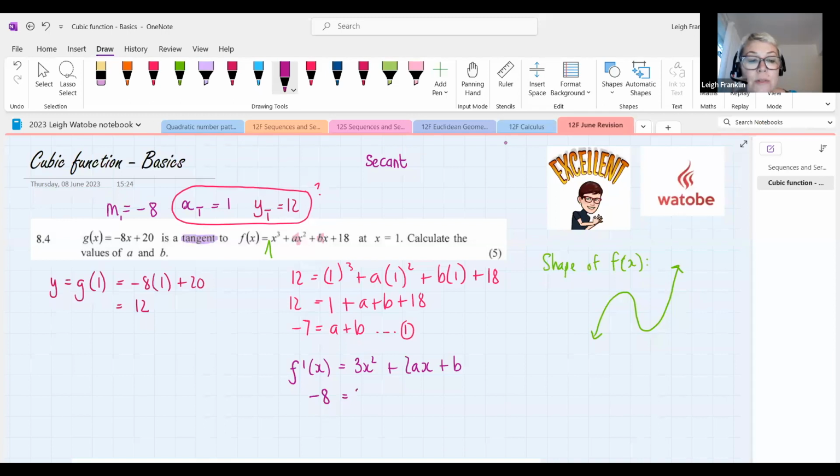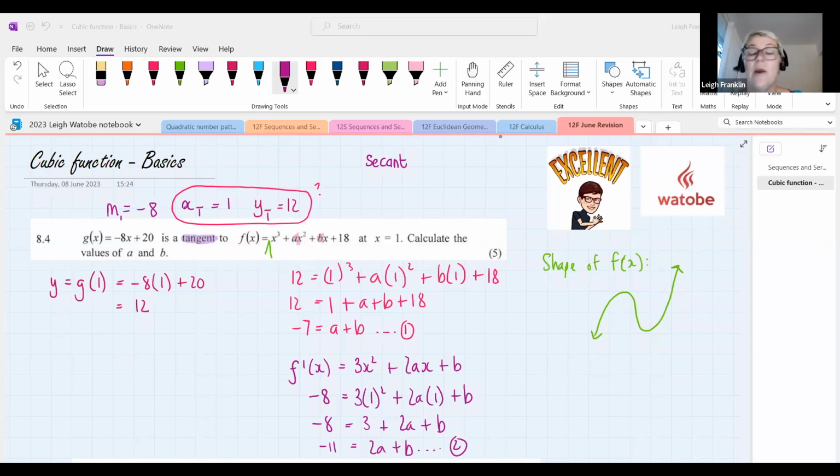I can also sub in that x is equal to 1, because I know that when x is 1, the gradient is -8, plus 2a times 1 plus b. So that gives me -8 equals 3 plus 2a plus b. Let's just fix that plus up. So -11 is equal to 2a plus b. There we go, and now we have made our second equation.